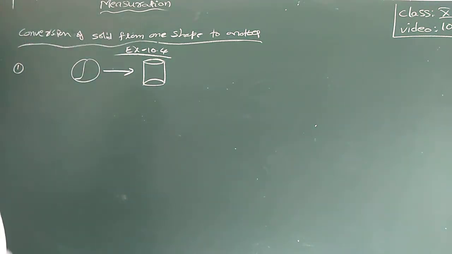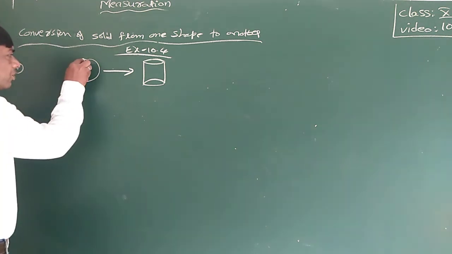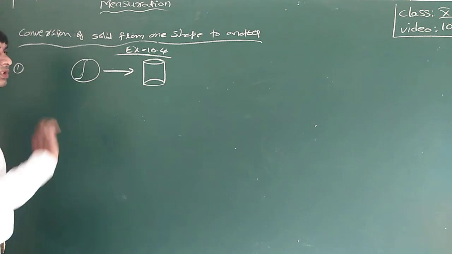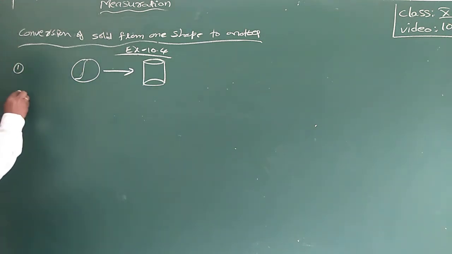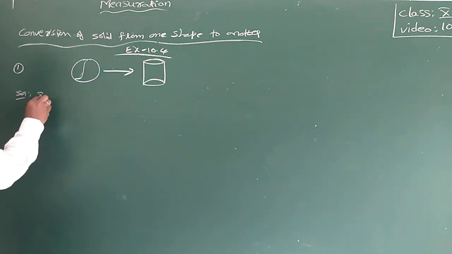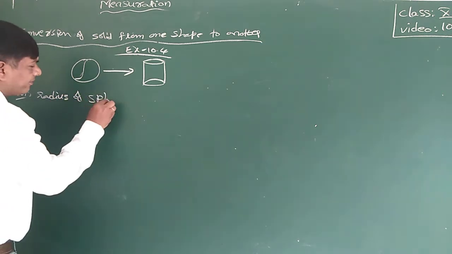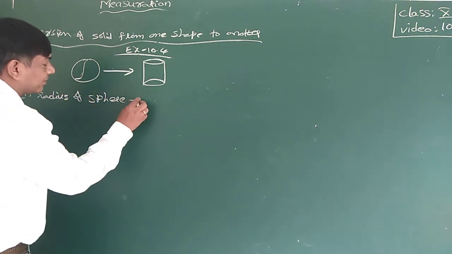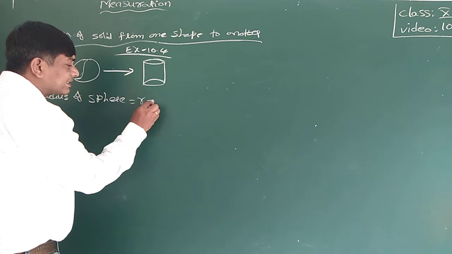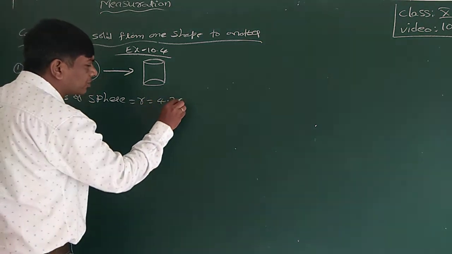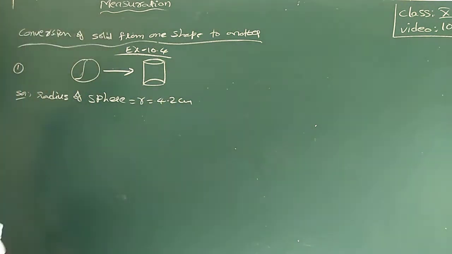Here, a metallic sphere of radius means you are going to convert a sphere into cylinder form. So the radius of the sphere is small r equal to 4.2 centimeters.